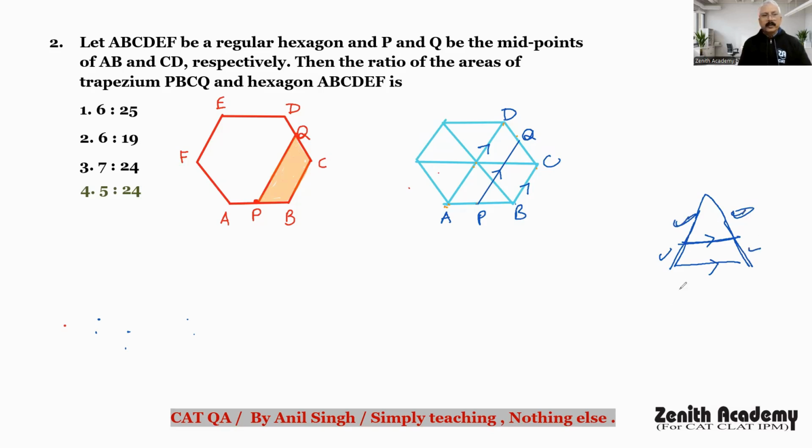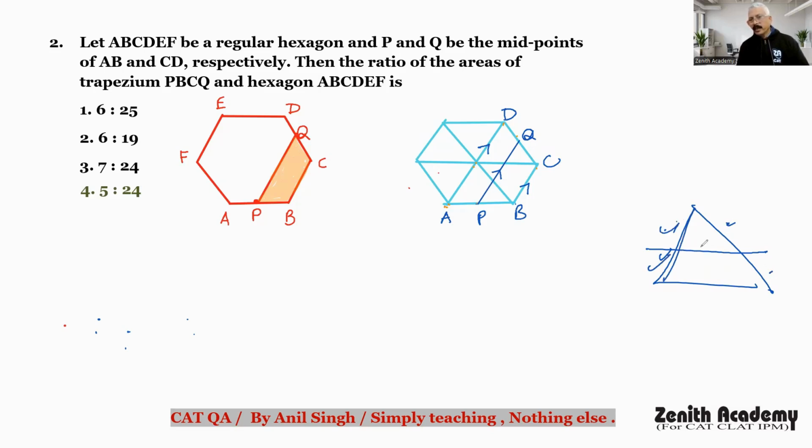This is a basic concept. Or you can say, if a line divides this side and this side in the same proportion, then it will be parallel to the base.